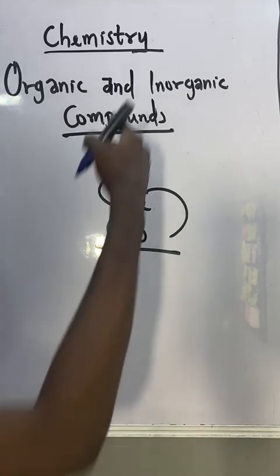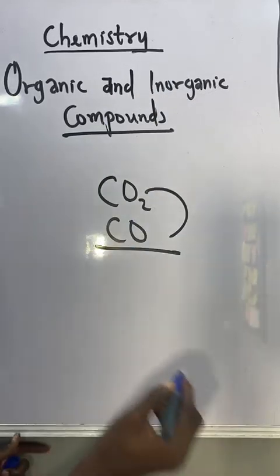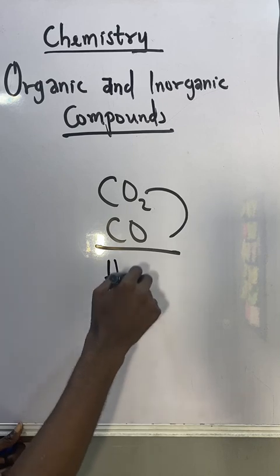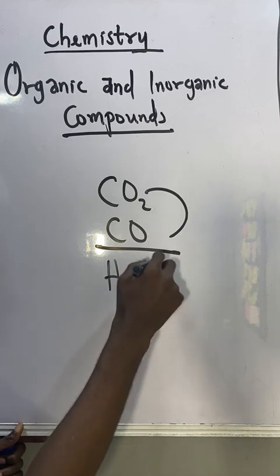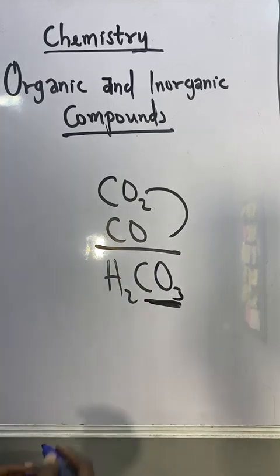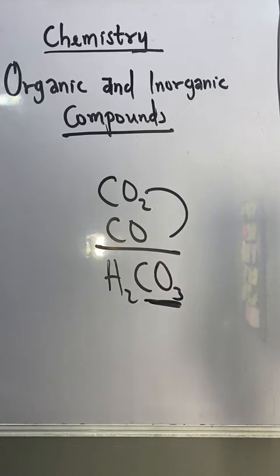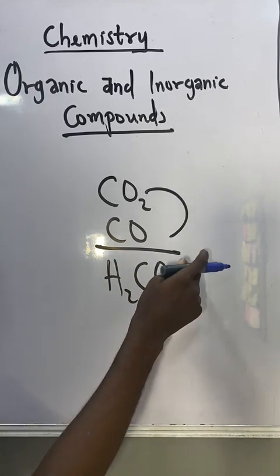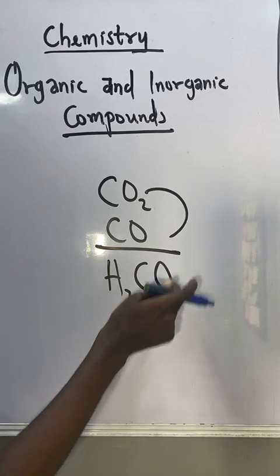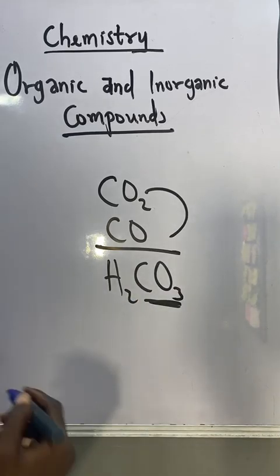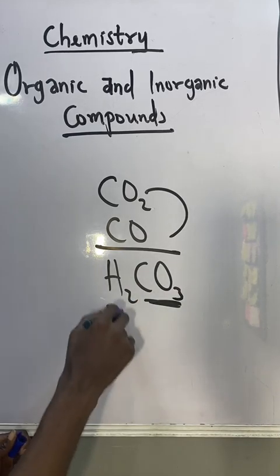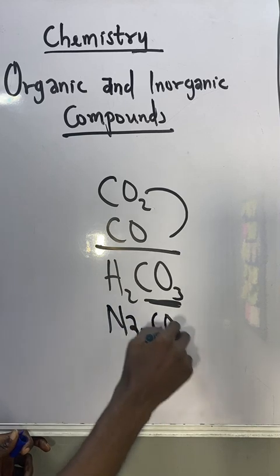And then the carbonates, like H2CO3. CO3 is known as the carbonate ion. So anytime this carbonate combines with any compound, we can have Na2CO3.